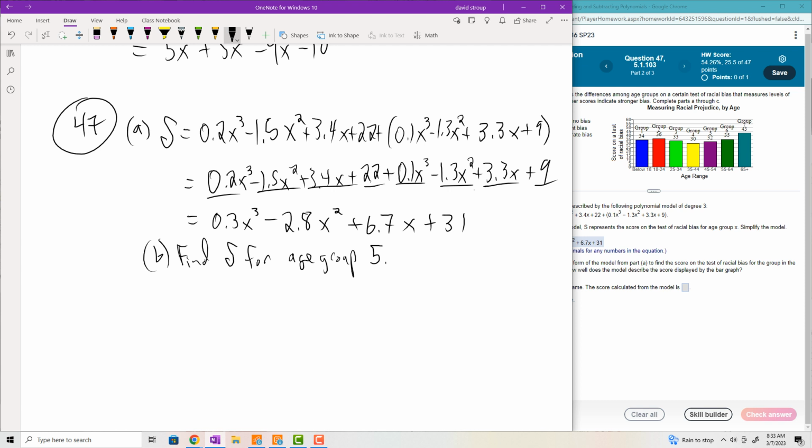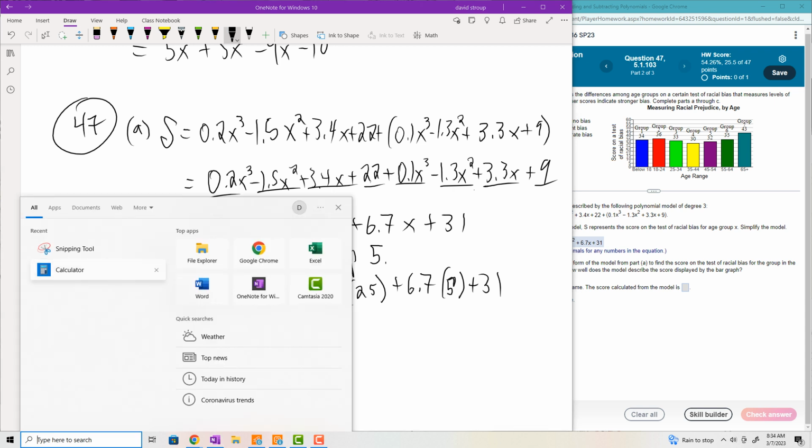Okay. So in that case, you'll have 0.3 times 5 cubed. 5 cubed is 125, believe it or not, minus 2.8 times 5 squared, which is 25, plus 6.7 times 5 plus 31.